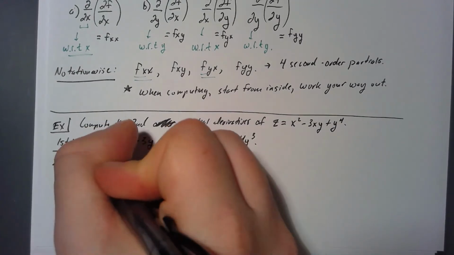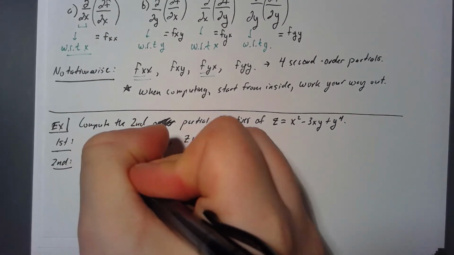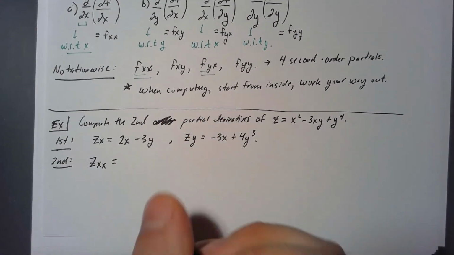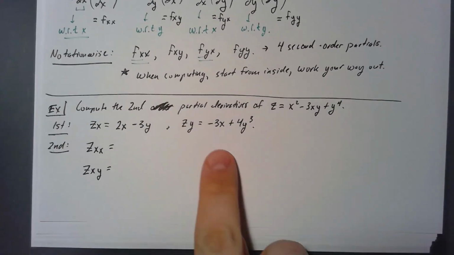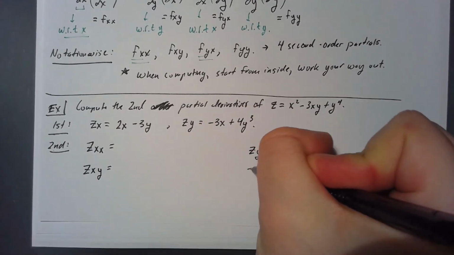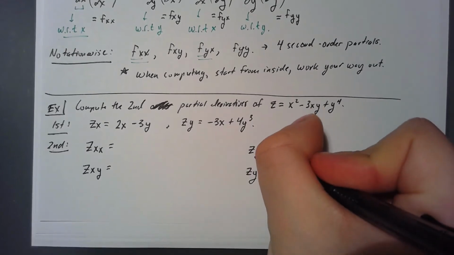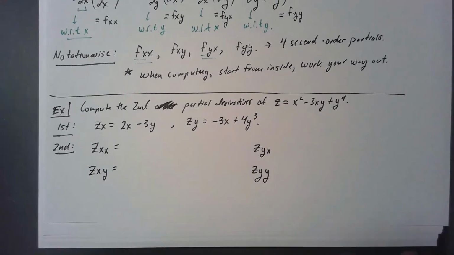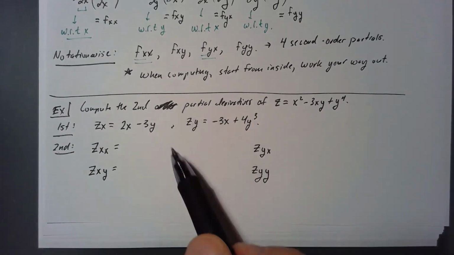So that one with respect to x first, and then with respect to y. And then this one with respect to x, and then that one with respect to y. So then I'll have all my second partial derivatives.